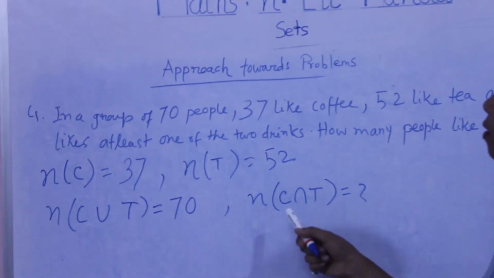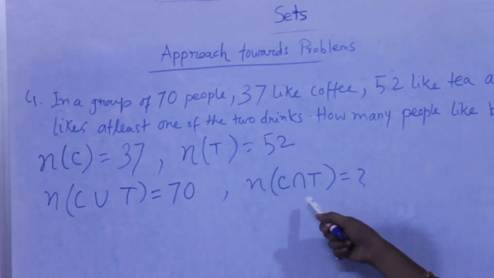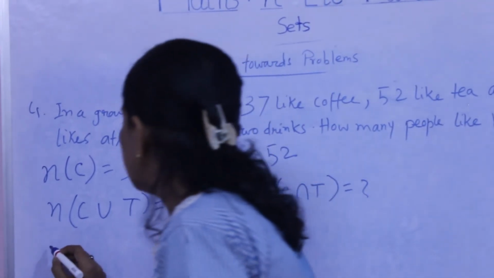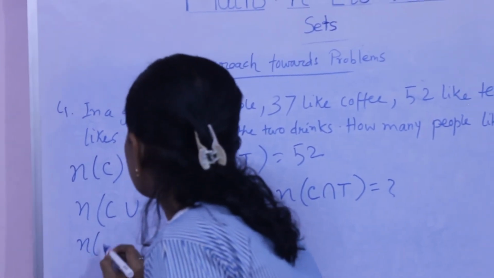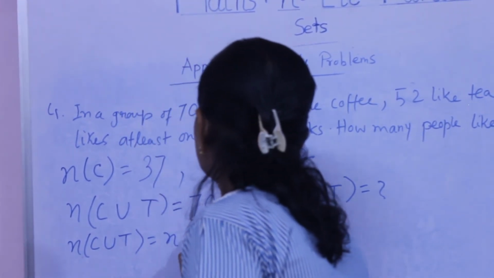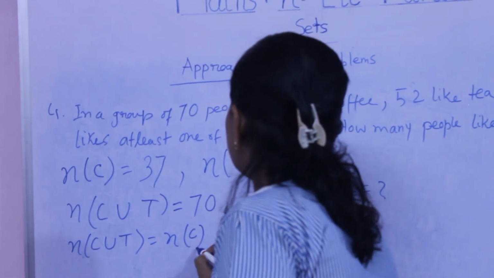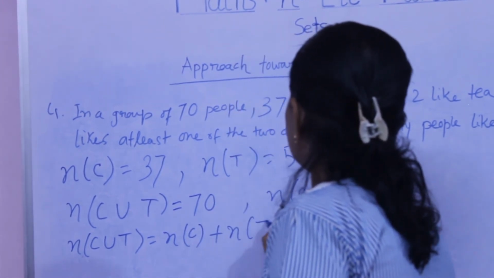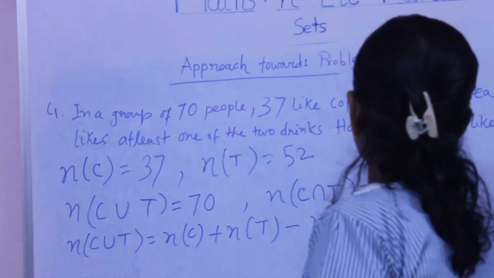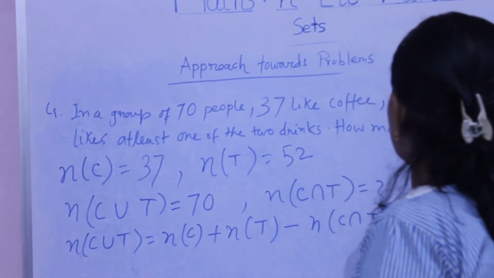We have a relationship: n(C union T) equals n(C) plus n(T) minus n(C intersection T).